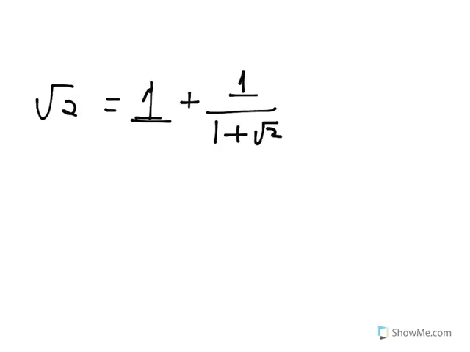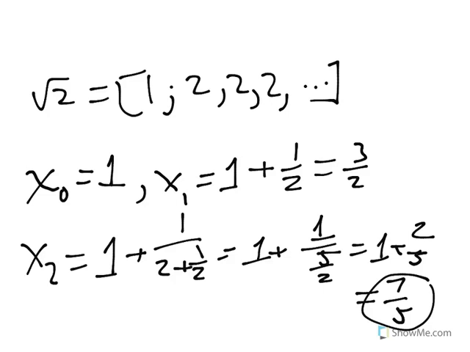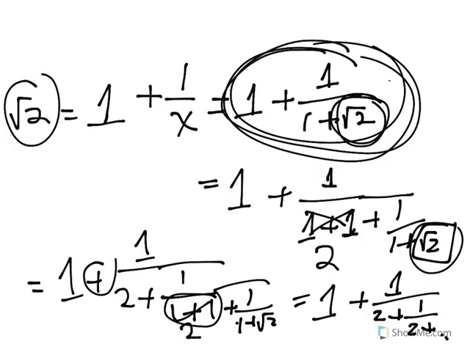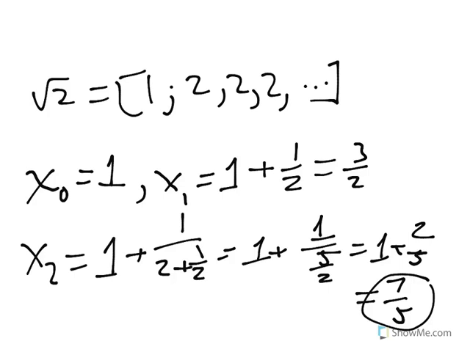If we go back here, we can actually see how we can continue the pattern pretty easily. So far we have 3 halves and 7 over 5.